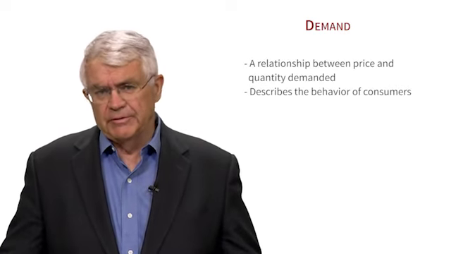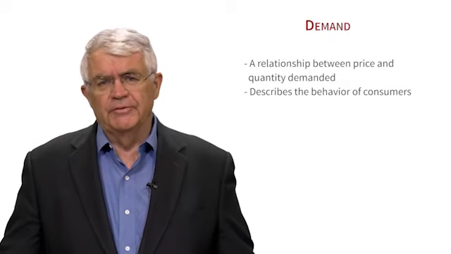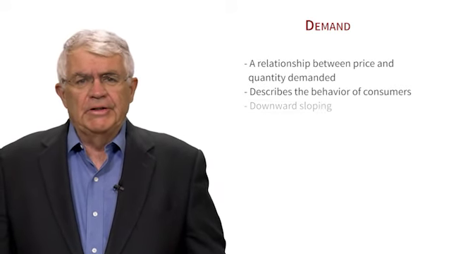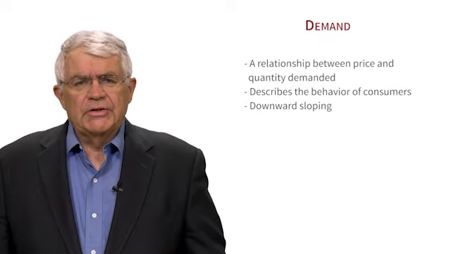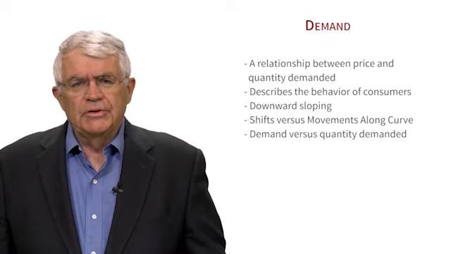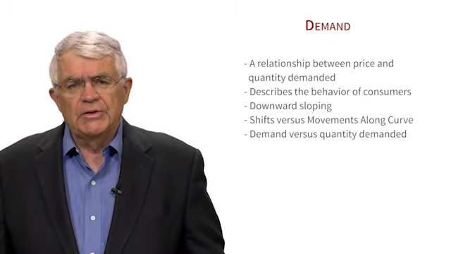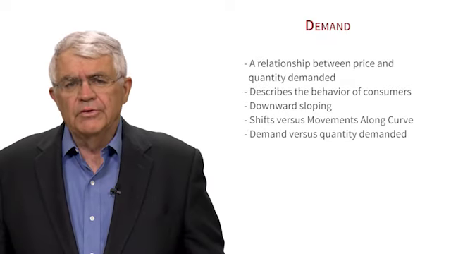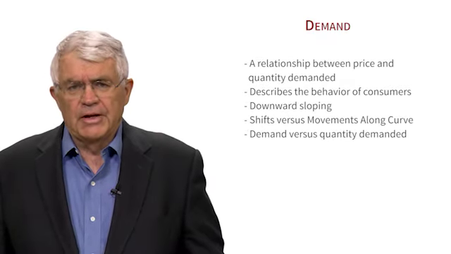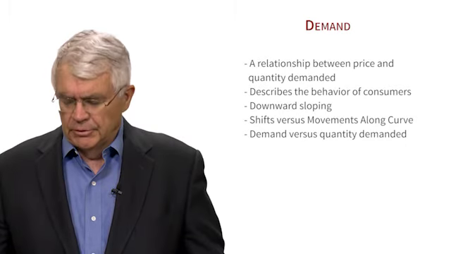As we'll see, supply refers to firms, but demand refers to consumers. It's going to be downward sloping, and we're going to emphasize an important difference in this demand relationship or demand curve, and that is shifts in demand versus movements along the demand curve. And so that's kind of a preview of what we're going to be doing.